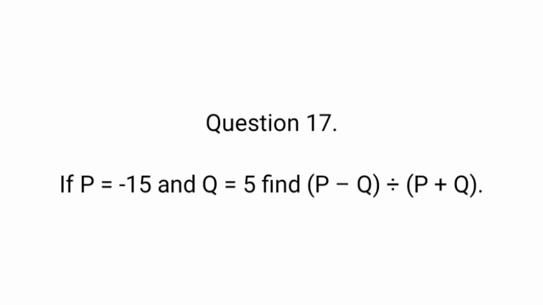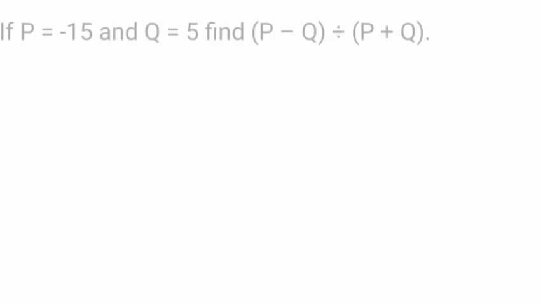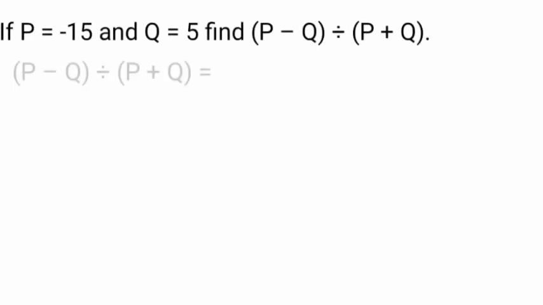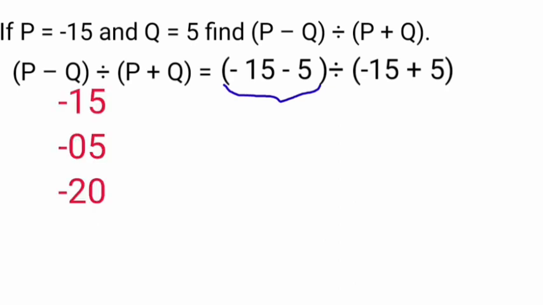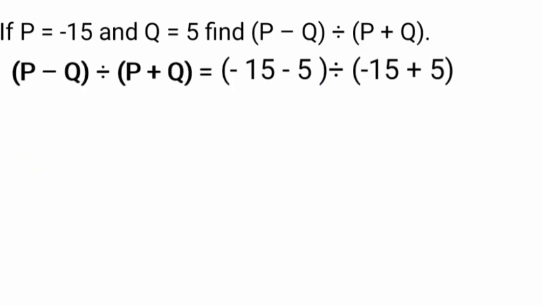Next, question number 17. If p is equal to minus 15 and q is equal to 5, find p minus q divided by p plus q. By substituting the values of p and q, we are going to find the value of p minus q divided by p plus q. Consider first minus 15 minus 5, both having negative signs. They should be added.